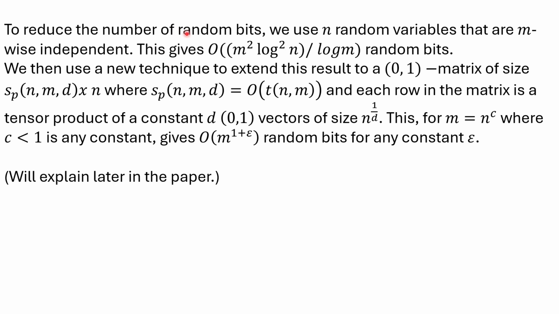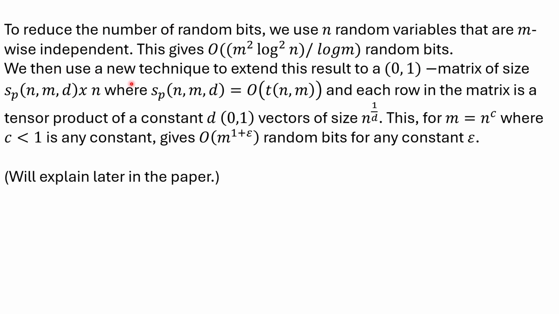To reduce the number of random bits, later in section 4, we use n random variables that are m-wise independent. That means every subset of up to m is linearly independent. This gives O(m squared log squared n divided by log m) random bits.